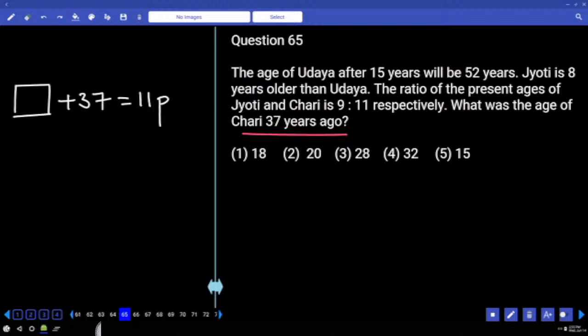To that fellow, if you add 37, first option plus 37. 50. Is it 11 multiple? Maybe your answer. Next. Third option plus 37. Fourth option plus 37. 69, right. Fifth option plus 37. 52. No. How many options are there? Done.